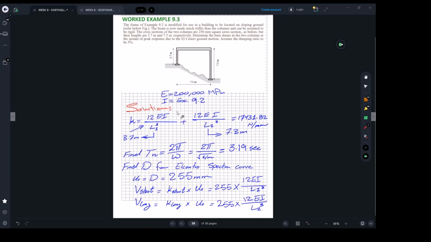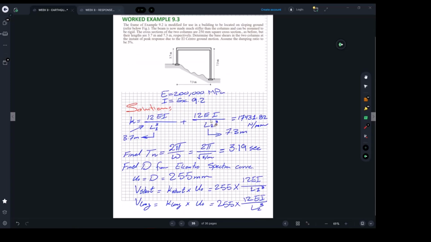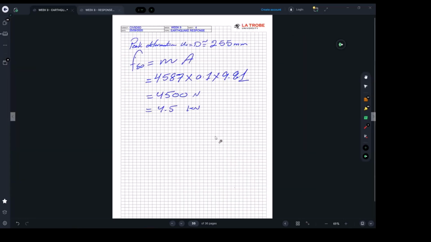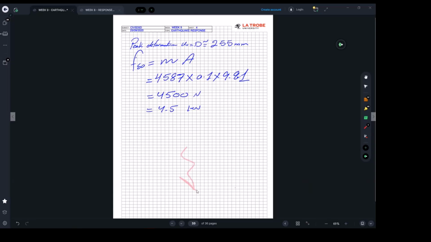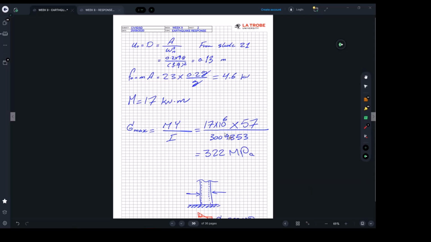So have a look at the calculation process and see how the stresses will be impacted by such an arrangement. I do suggest you go through the calculations and compare what's happening with these results, what's happening with the results here, as well as what's happening with the first question we did.